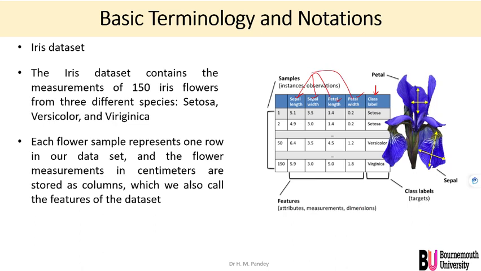You can see here features, attributes, measurements, dimensions. For flower 1, the 4 features are: sepal length is 5.1, sepal width is 3.5, petal length is 1.4, petal width is 0.2. Similarly, for flower 2 of Setosa, petal width 0.2, petal length 1.4, sepal width 3.0, and sepal length 4.9.